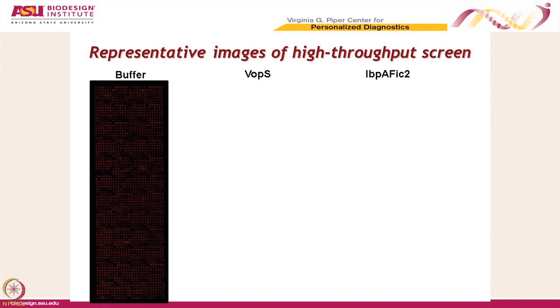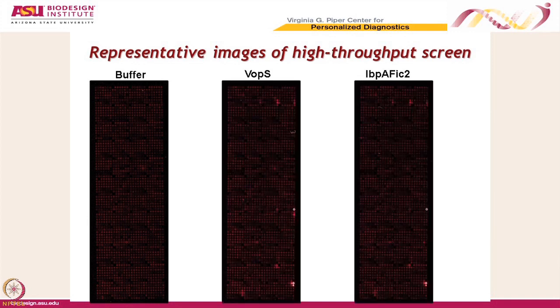If you did, that would mean that you had contamination. VopS is a well-known amylator, and IbpA FIC2 is also a well-known amylator. When he treats with those, can you see that? All of a sudden, a few, not very many, but a few spots, like these right here, start lighting up. That's kind of the result that you're hoping for, right?